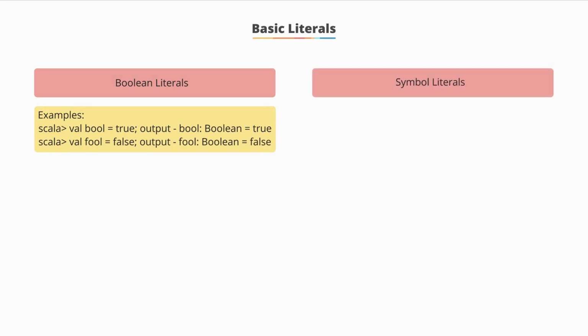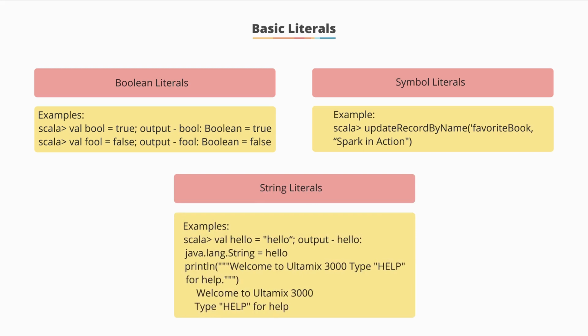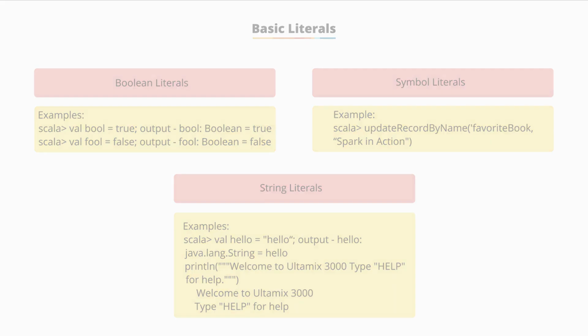One more type is symbol literals, which are written with idents. An ident can be any alphanumeric identifier. An example of it is given on the screen. String literals contain characters surrounded by double quotes. A few examples to define these literals are also on your screen.